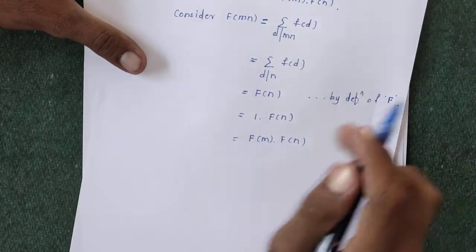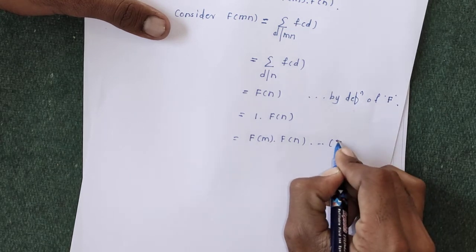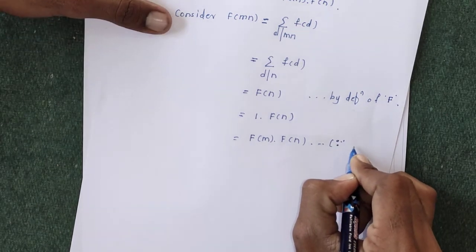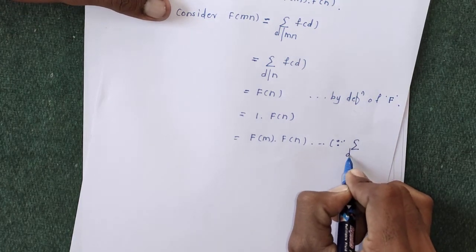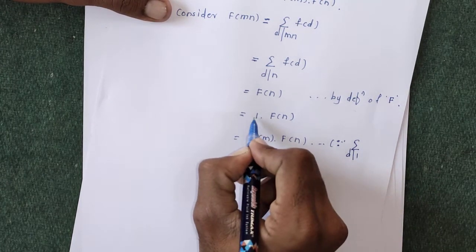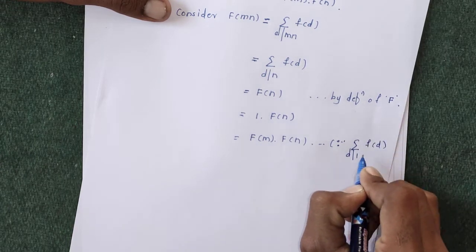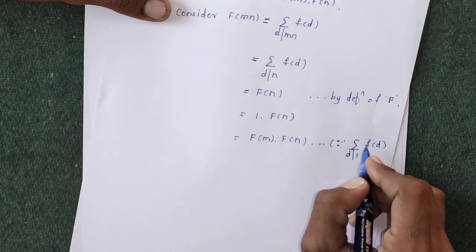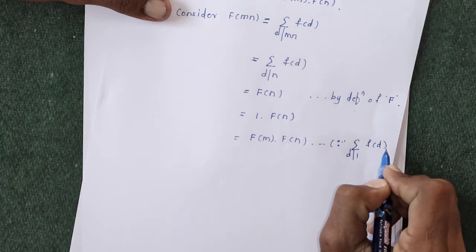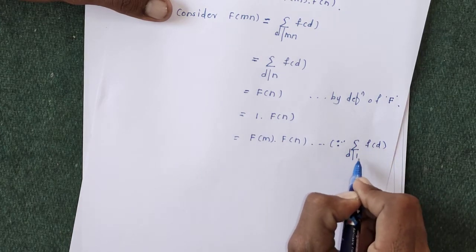So here capital F of m will become the summation of f of d over the divisors of 1, since m is equal to 1. Divisors of 1: 1 is the only divisor of 1, so we can write this as the summation of f of d such that d divides 1.